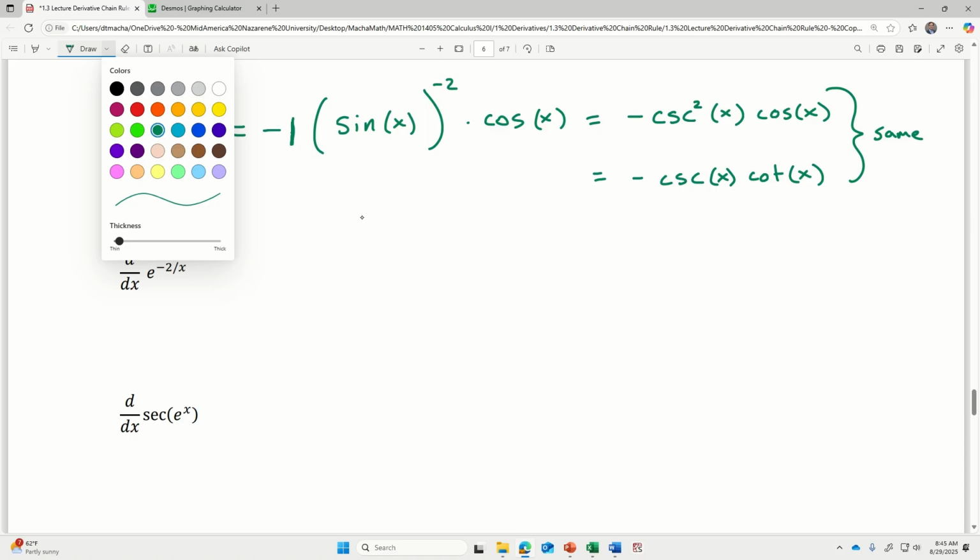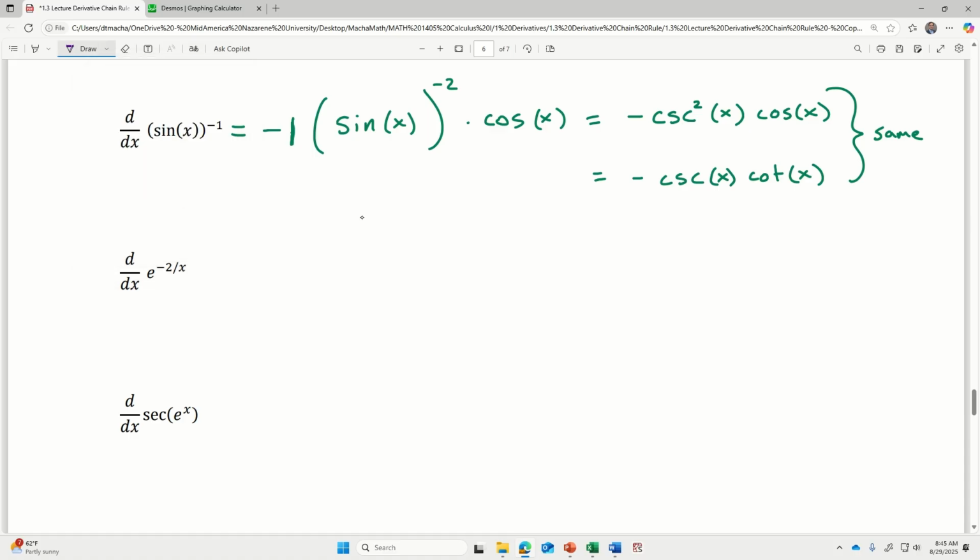And now that I'm thinking about it, we used the chain rule to evaluate this derivative, but there's actually another way I could have taken this derivative and not used the chain rule at all. If I had started out by saying sine raised to the negative 1 power is just the reciprocal of sine, and the reciprocal of sine is cosecant, maybe I've memorized the derivative of cosecant.